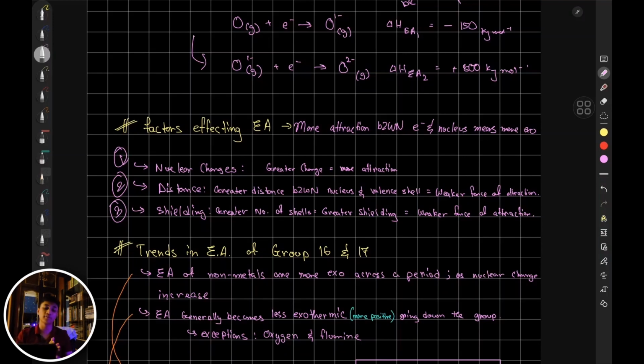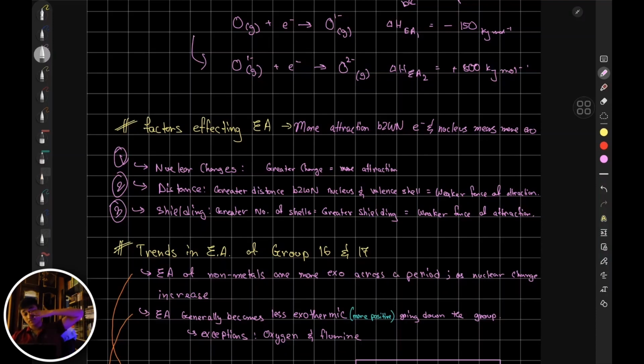So if you have a lot of shells, there is going to be a greater amount of shielding, and it's going to be much harder to form a negative ion or to pull the electron. Alright, so the greater number of shells, greater shielding. As a result, weaker forces of attraction.